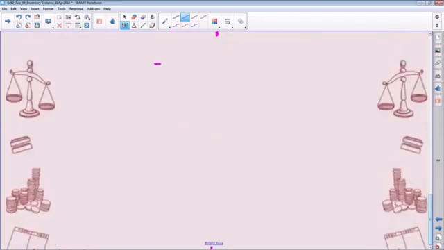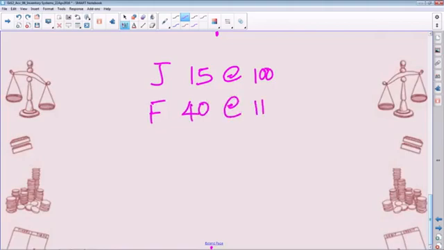If I bought in January, I bought 15 items at 100 Rand. We're not going to do the values. In February, I bought 40 items at 110 Rand. In March, I bought 10 items at 120 Rand.